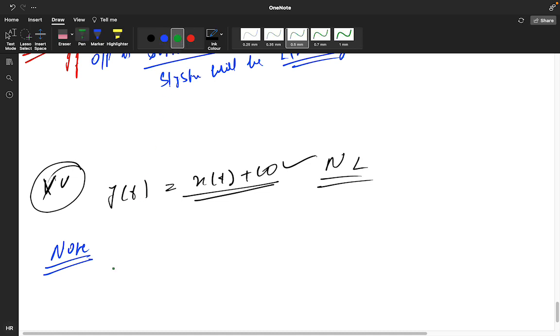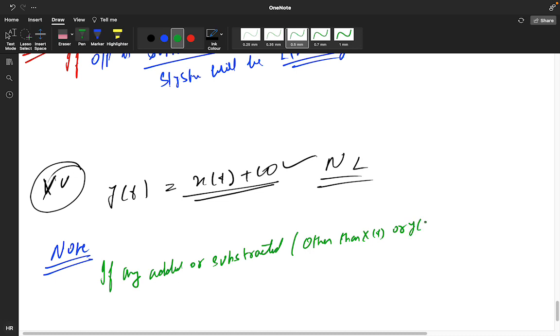The meaning of this is if anything is added or subtracted other than x of t or y of t, other than x of t or y of t. So this is not x of t, and the sine t was not x of t, which we have taken in this question.